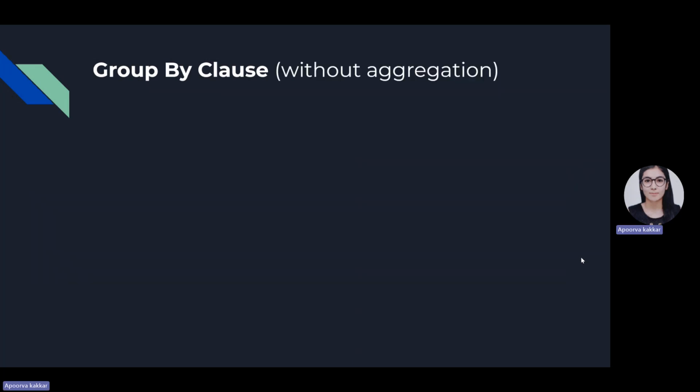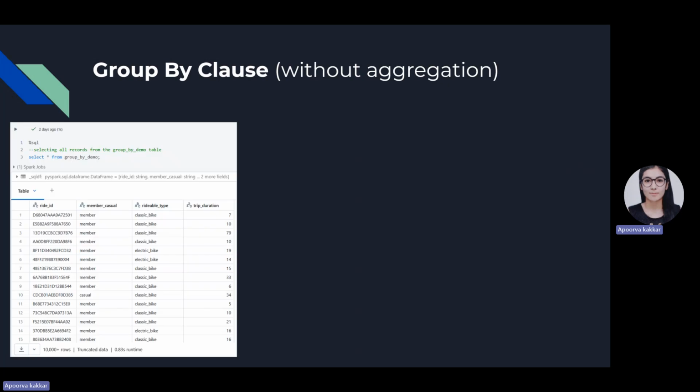Moving forward, this group by clause can also be used for non-aggregate functions to get the unique values. So let's say this table is group by demo. It contains these four columns.